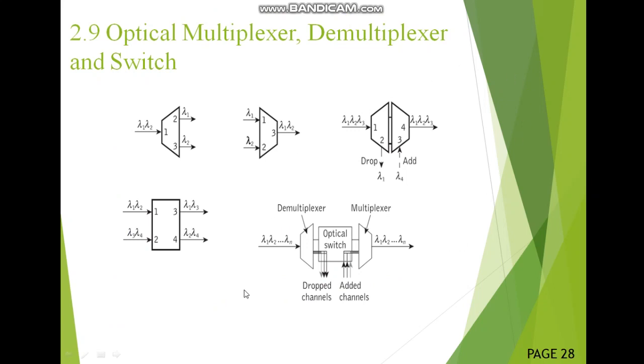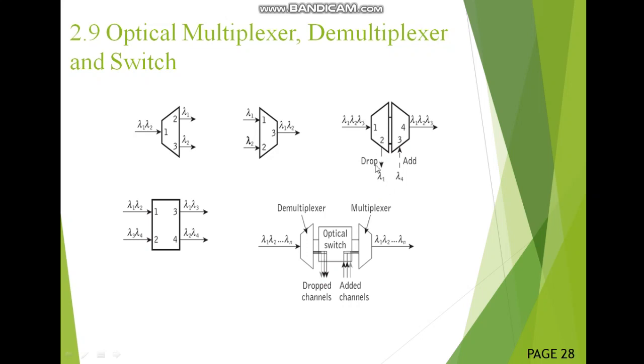So these are the diagrams of multiplexers and demultiplexers. This is the first diagram. Second, only one wavelength, split into two wavelengths. At the output I am getting one. Here we are adding both the wavelengths. Here lambda 1, lambda 2, lambda 3 are coming, but I am just sending lambda 2 and lambda 3 and dropping lambda 1.